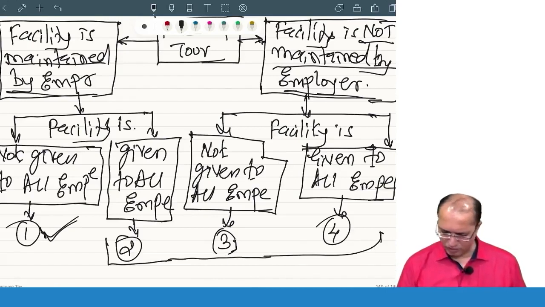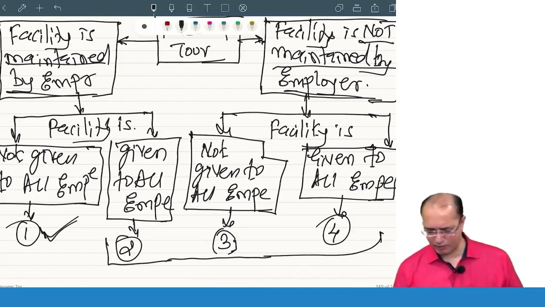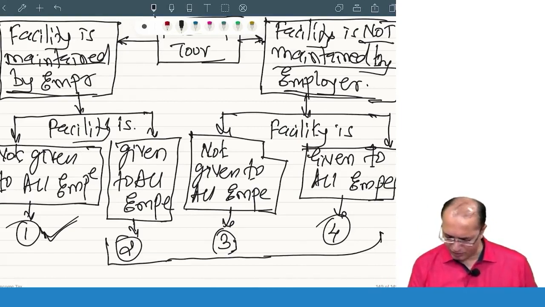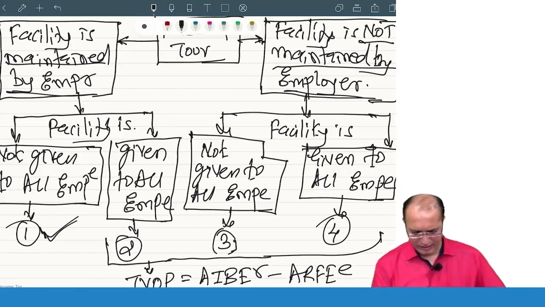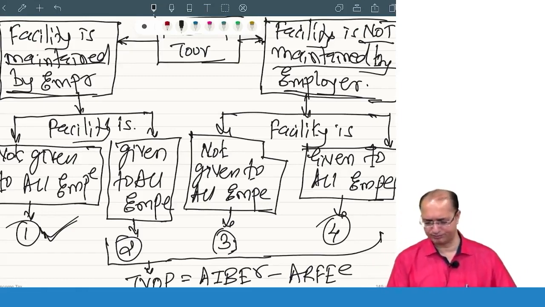So perquisite valuation rules are different only in the first possibility. For the second, third and fourth possibility, you apply the general rule. What is the general rule? Taxable value of perquisite equals amount incurred by employer minus amount recovered from employee. Apply the general rule in the second, third and fourth possibility.